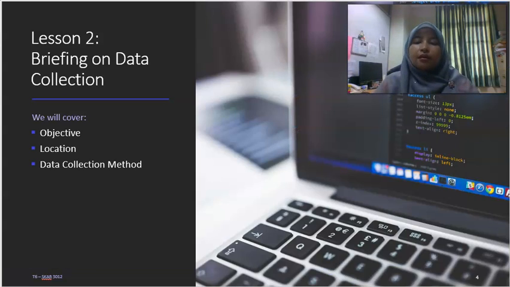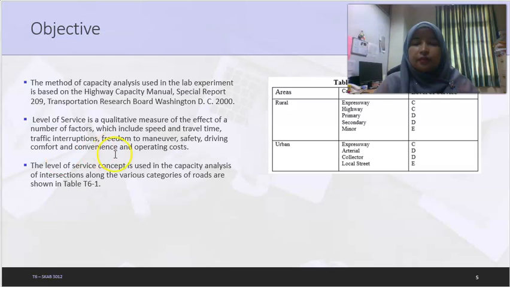Then I will explain data collection, including the objective, locations, and data collection method. In this experiment, the method of capacity analysis is based on the Highway Capacity Manual 2000.